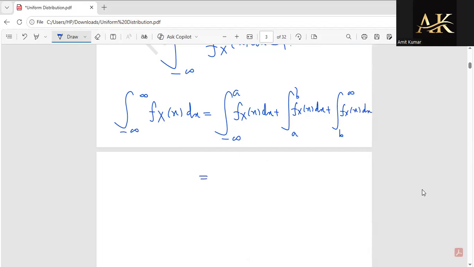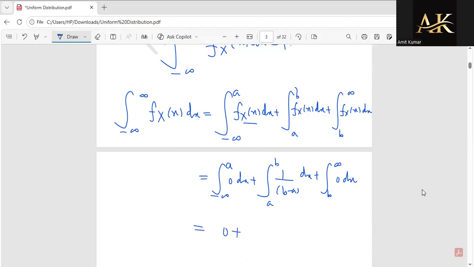Here f(x) is 0 outside, so this is a to b of 1 upon b minus a dx, and the other two are 0.